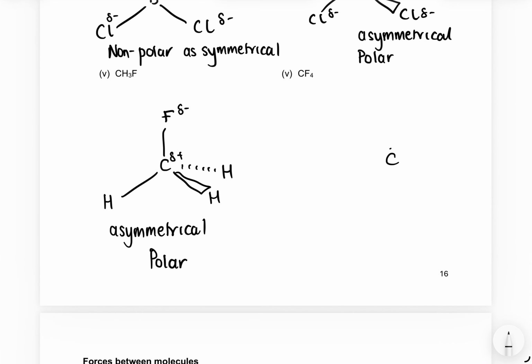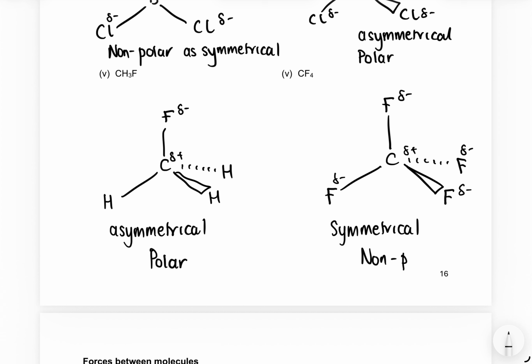Whereas if we do CF4 and all 4 of these are fluorines, then it's symmetrically arranged. That's symmetrical. And as a result, the dipoles cancel, and this is non-polar.